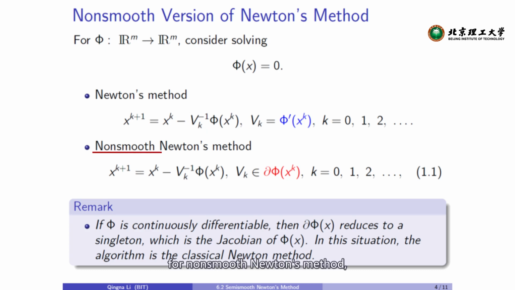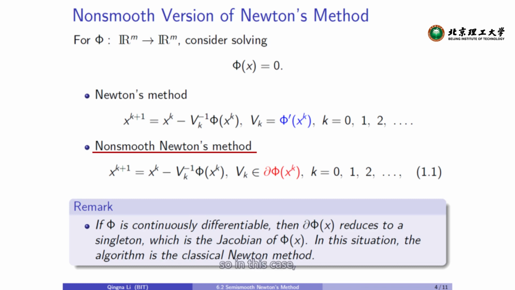However, the non-smooth Newton's method does not need the continuous differentiability of phi. We only assume that phi is a locally Lipschitz function and phi satisfies some non-smooth properties, okay?